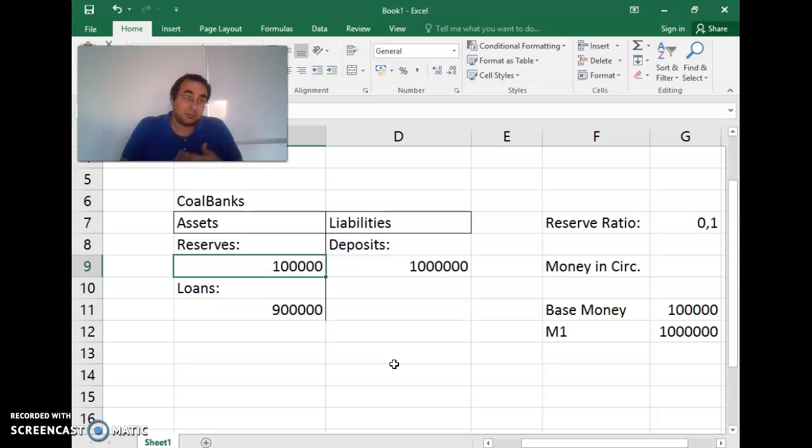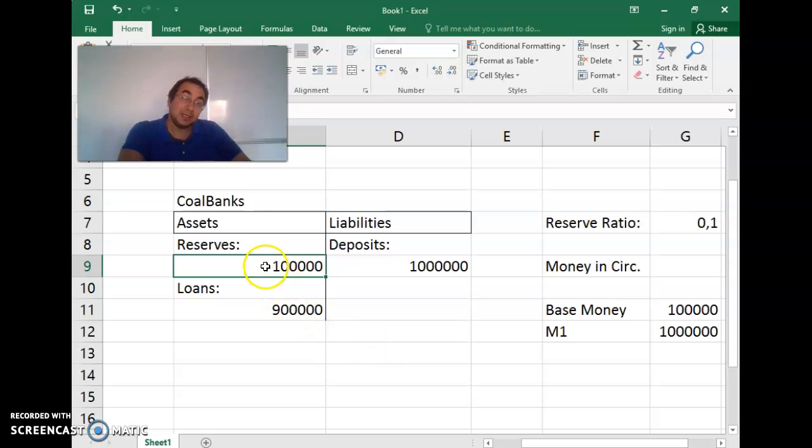And as the system goes on, that amount will become closer and closer to 10% of the deposits. You can think about why, throughout this money creation process, the reserves get closer and closer to 10% of deposits. I'm leaving that part to you. If you are interested in math, that would be an interesting question to ask.